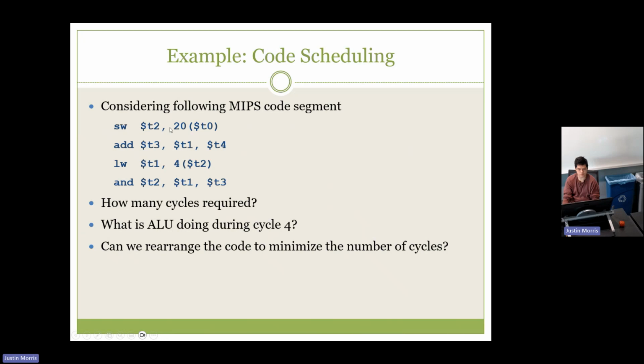So 1, 2, 3, and then this is in execute, this is in decode, and then 4. This one is in execute, right? And there are no stalls between these two in its current version, right? So it is adding T1 and T4.